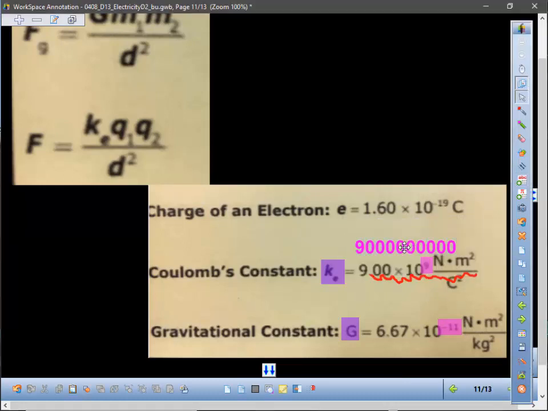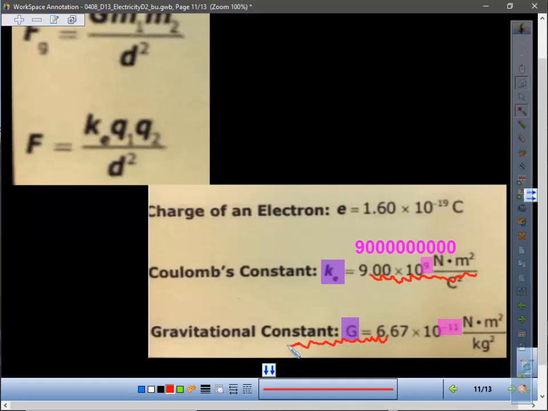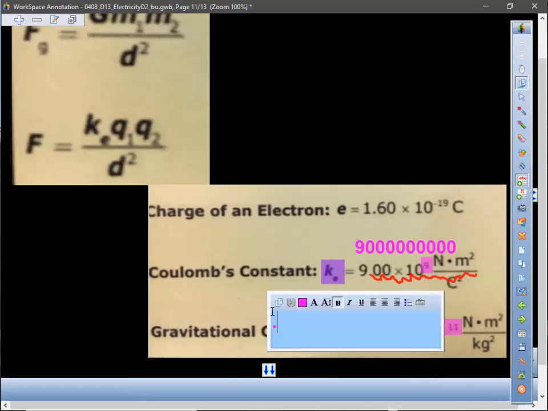Whereas the gravitational constant is 10 to the minus 11, so it goes the other way, 11 places: 1, 2, 3, 4, 5, 6, 7, 8, 9, 10, 11, and that's where the decimal is.